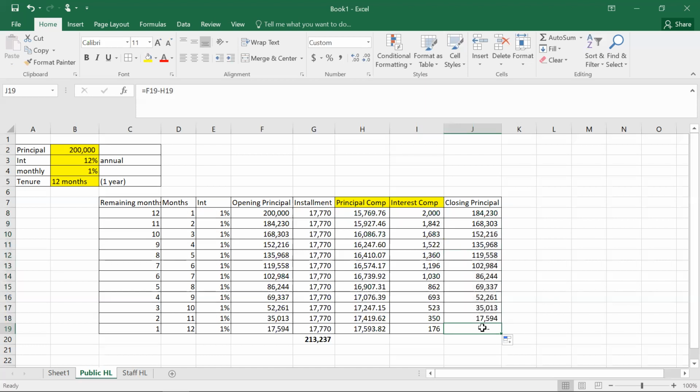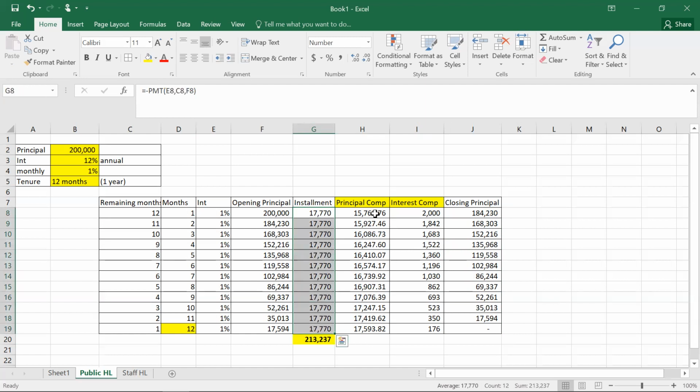So see, at the last point, how much is the principal that is pending? It is 0. But what amount has the customer paid? He or she has paid 213,237, whatever the currency unit may be. This is an EMI concept.